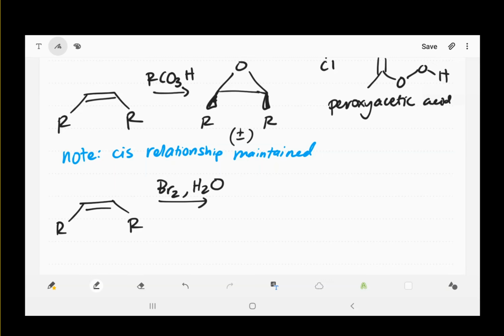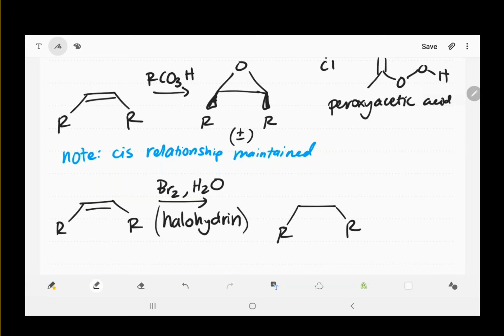When you give a halogen and water, it won't be just halogenation. We're looking at perhaps this word, halohydrin.